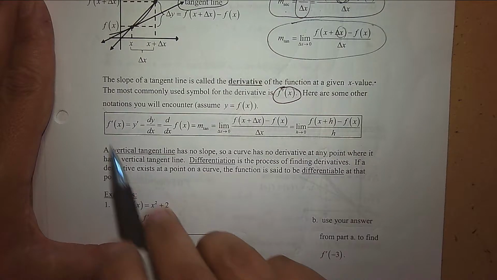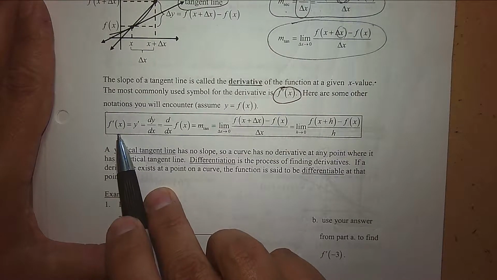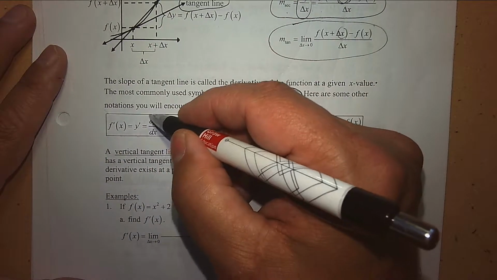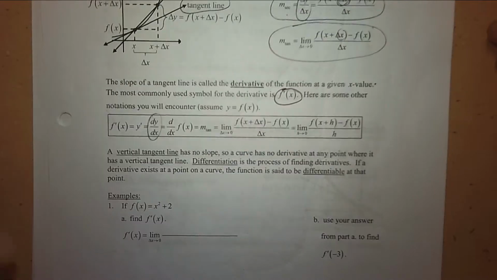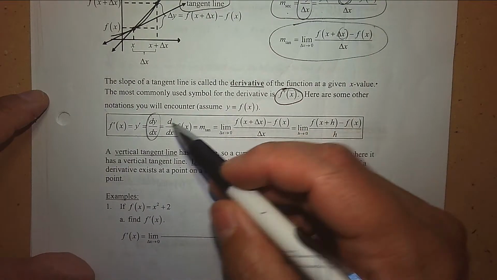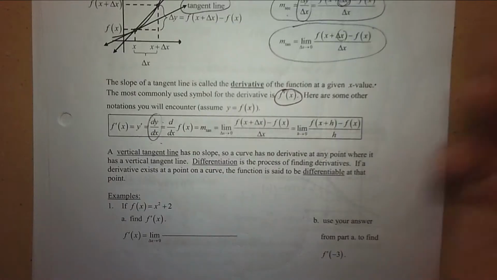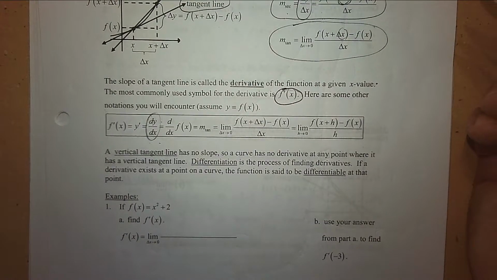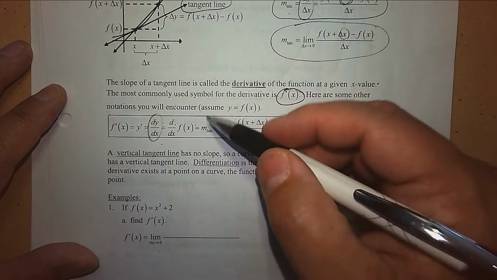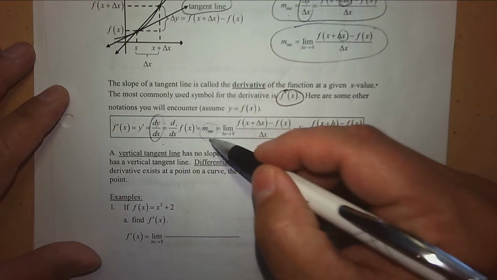So here's f prime at x. Y prime means the same thing. This symbol we use a lot, dy by dx. The derivative of y with respect to x. That's how we describe it. Sometimes you have d of f at x by dx. The m represents the slope of the tangent line.